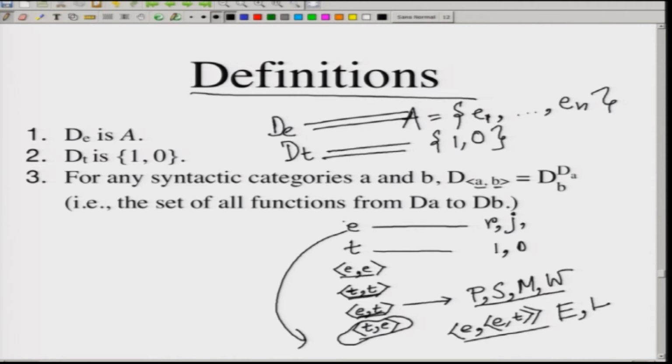What about this T to T? It takes a T and returns a T. For example, the sentential logical operator neg is a T to T thing. It takes a T, it returns a T. We can see that now any linguistic element we can talk about would have a type, right?